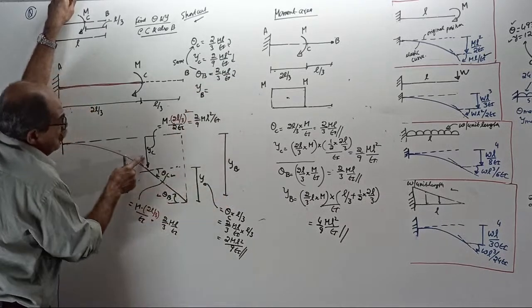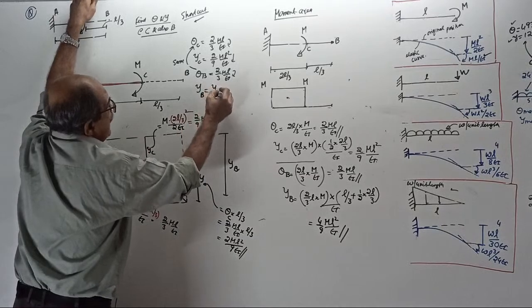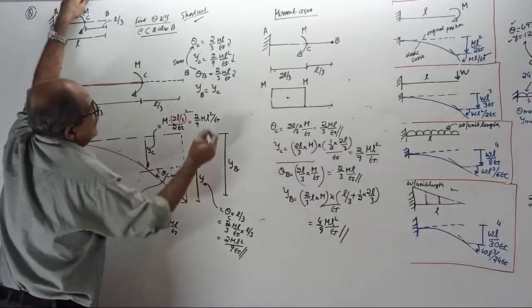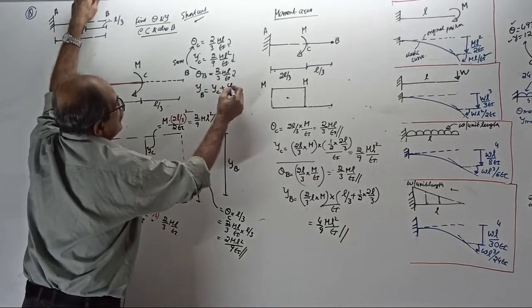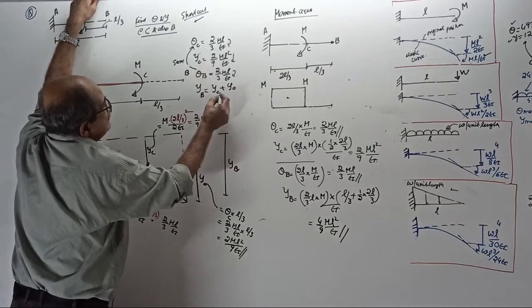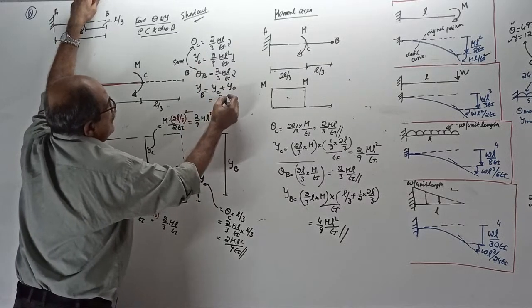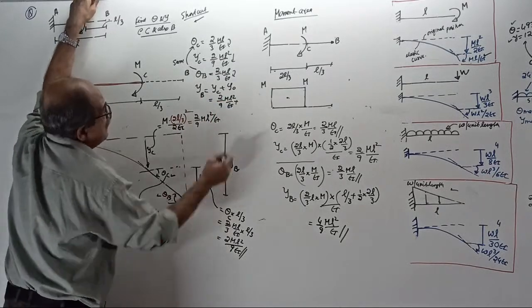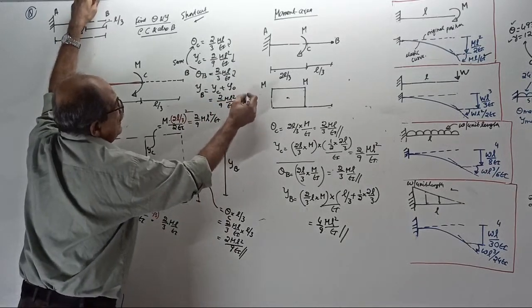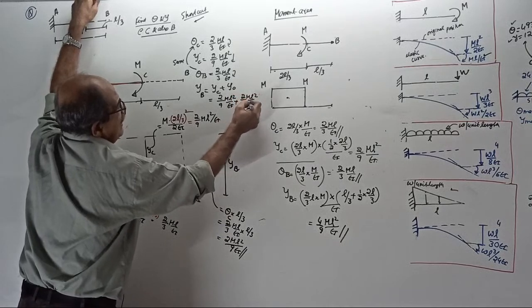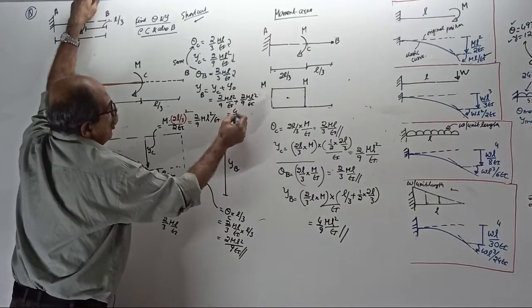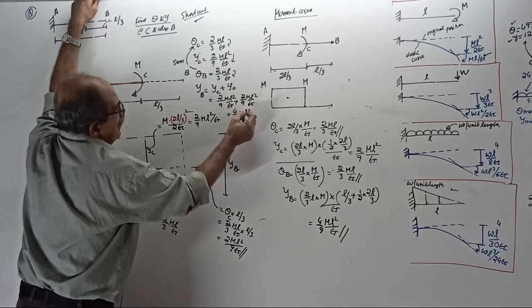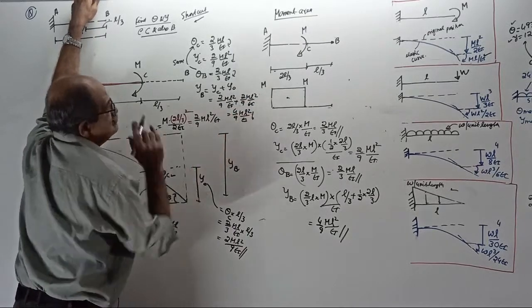Deflection at B equal to whatever is the deflection at C plus that extra Y naught. Deflection at C is 2 by 9 ML square by EI plus extra deflection once again 2 by 9 ML square by EI, equal to 4 by 9 ML square by EI, down.